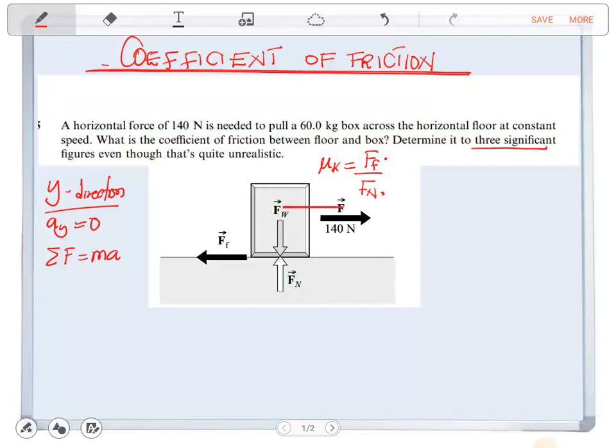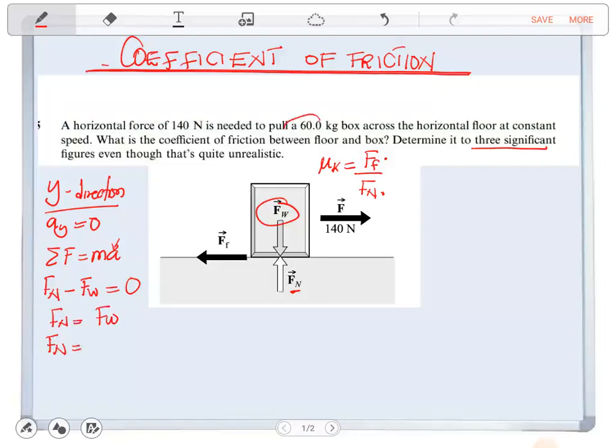We start with the normal force, which is going up, minus the weight, which is coming down, which we denote by a negative sign. This is equal to 0, because this is 0, so everything becomes 0. So in short, the normal force is just equal to the weight. What is the weight?